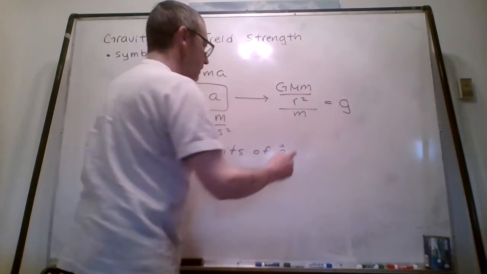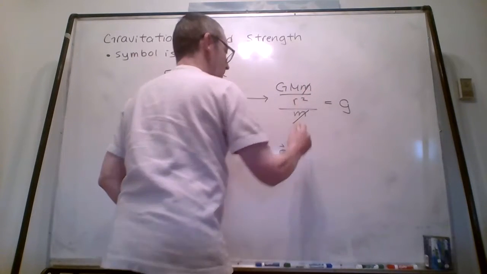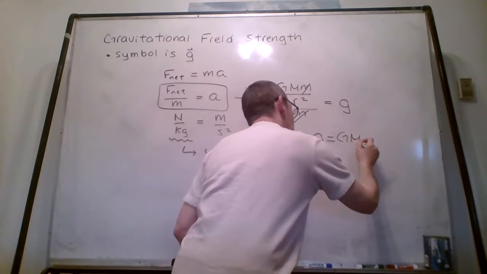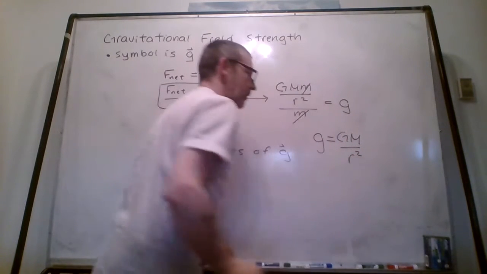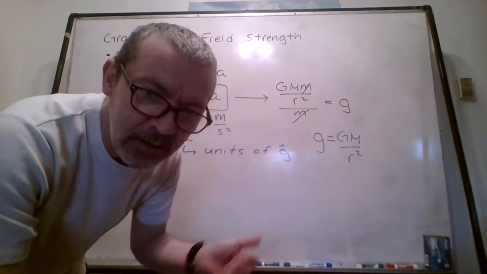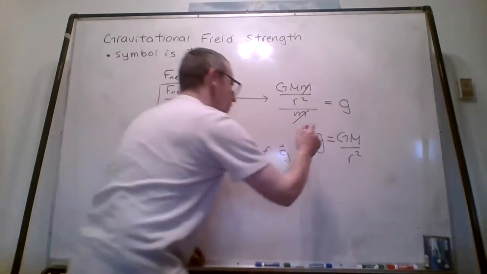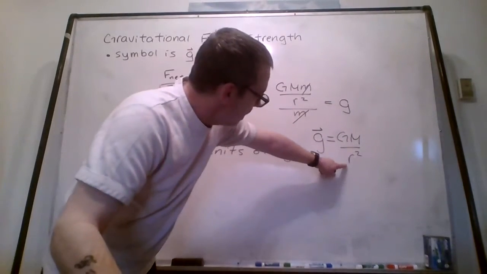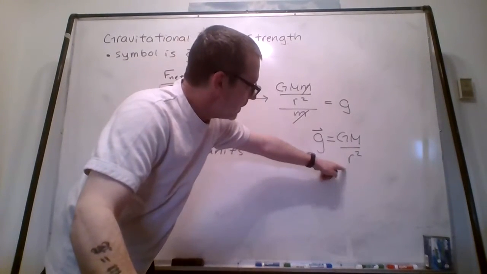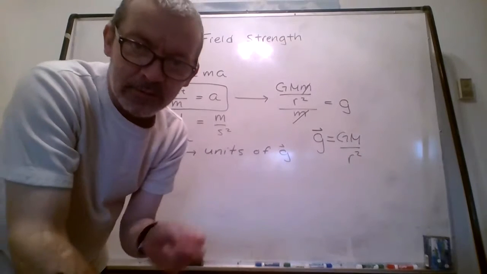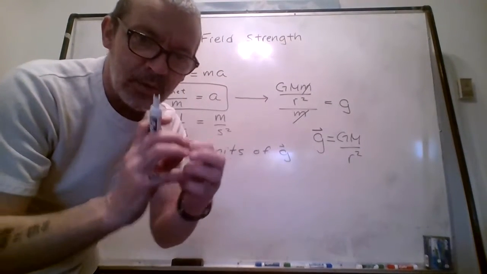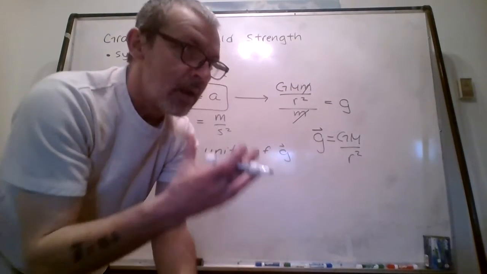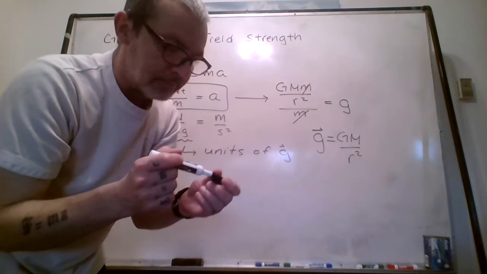One of the masses cancels, and I get my formula for field strength: g is big G m over r squared. So little g is a varying quantity, and I can put a vector hat here because it is a vector quantity. It depends inversely on the radius squared, and it depends on the size of the mass that's producing the field. And unlike force, it only depends on one mass. Every mass has associated with it its own field.